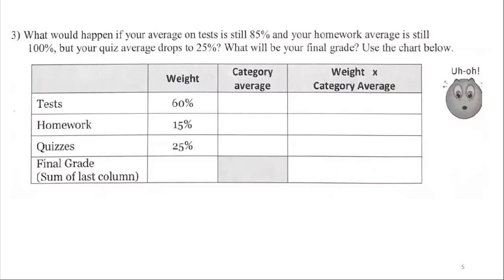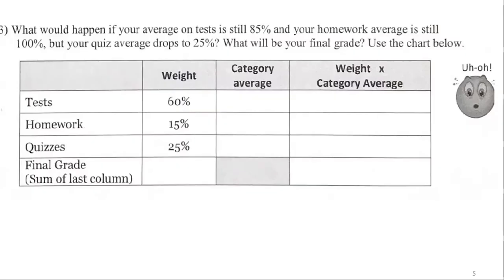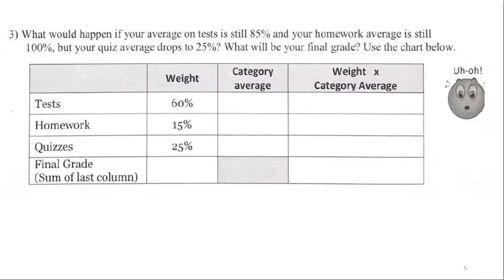Okay, it looks like a lot of you are done, so let's go through this one. What would happen if your average on tests is still 85% and your homework average is still 100%, but your quiz average drops to 25%? What will be your final grade? Again, we just write down what our average is.